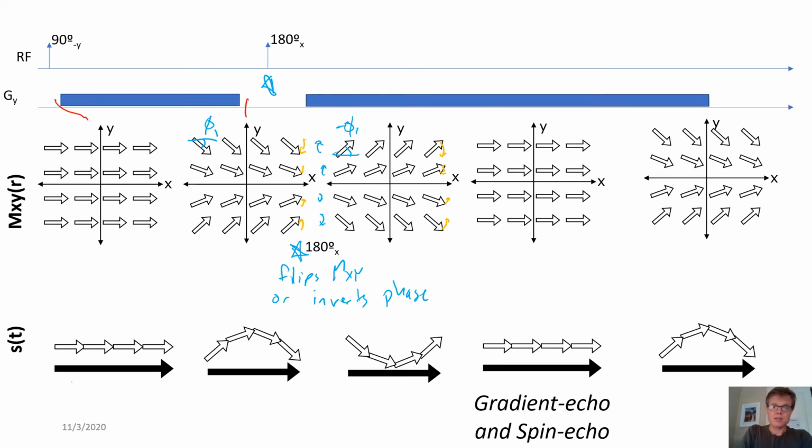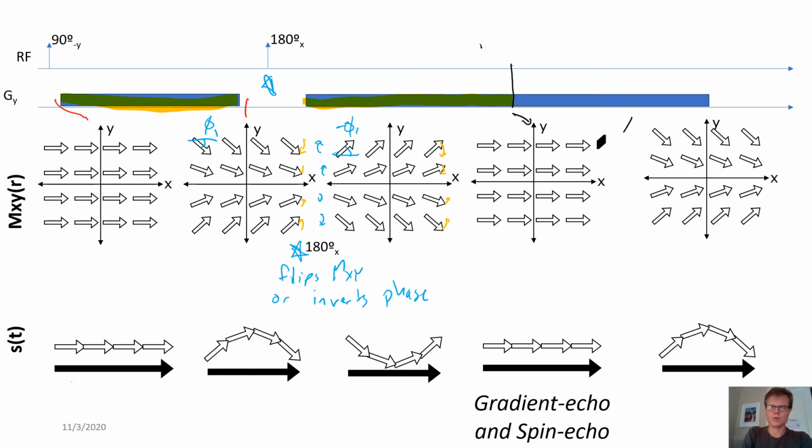And so that means at some point when we have an equal area here and an equal area here, at this point it's going to correspond to this time here where everything's in phase.